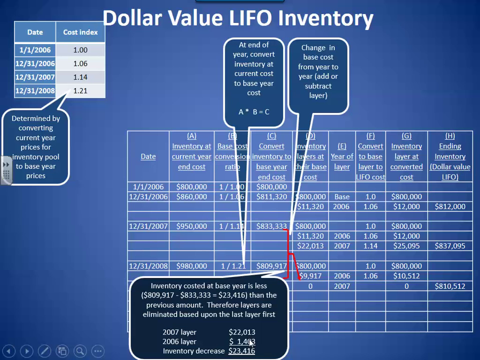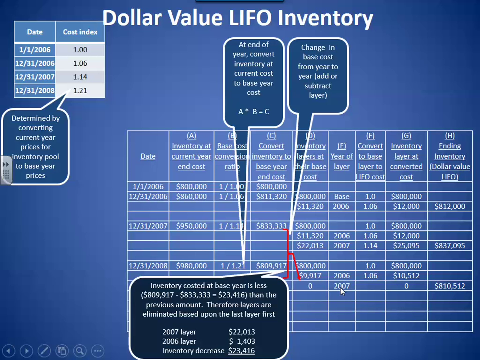We also will eliminate a portion of the 2006 layer to get to our total inventory decrease of $23,416. So we're going to eliminate $1,403 from our 2006 layer. Now we have two layers remaining, $800,000 from our base year and $9,917 from our 2006 base year, and 0 from 2007.